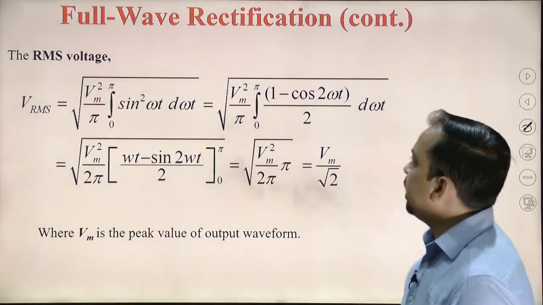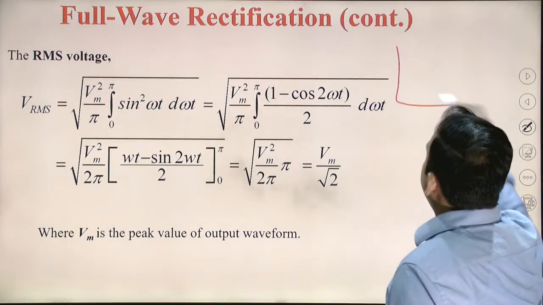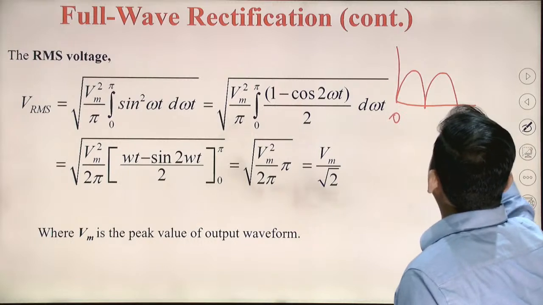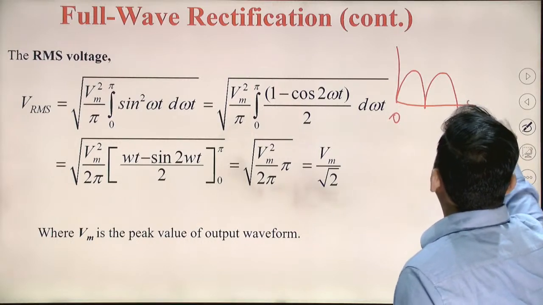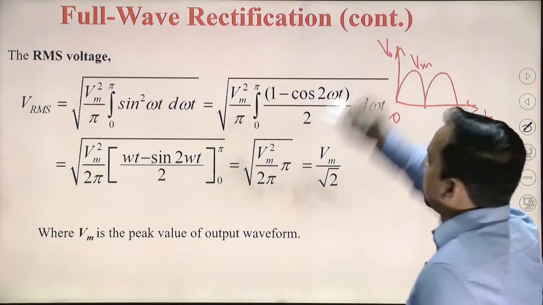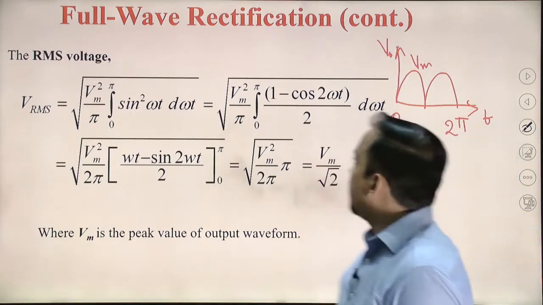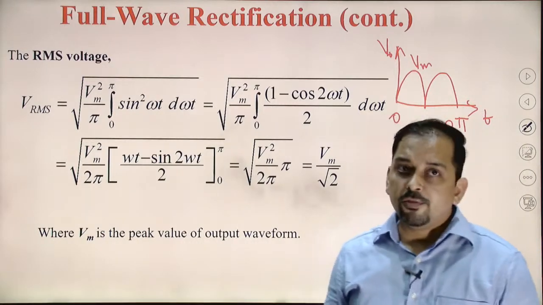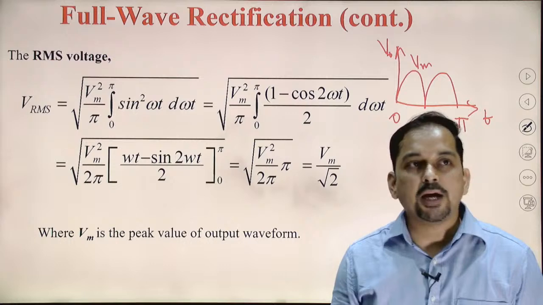So as we have already seen, for a full wave output waveform, let's say this is from 0 to 2 pi, and here we have V0, the peak value, which is Vm. So we can say that the time period of this output waveform has now changed from 2 pi to pi.